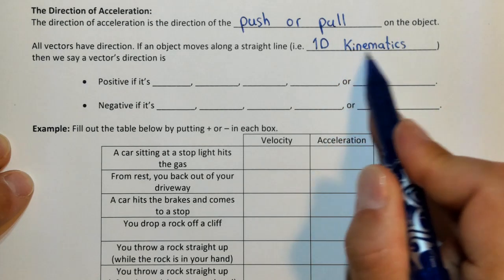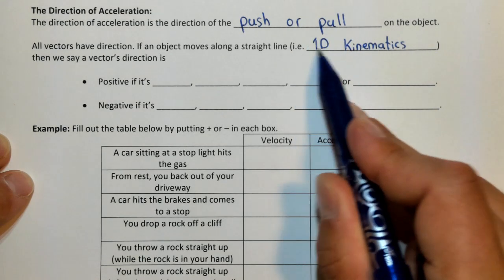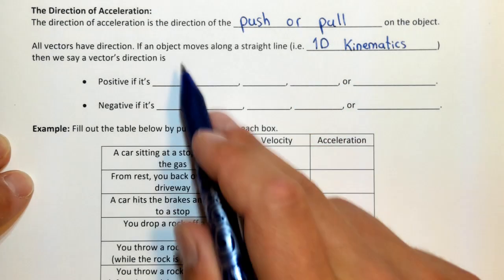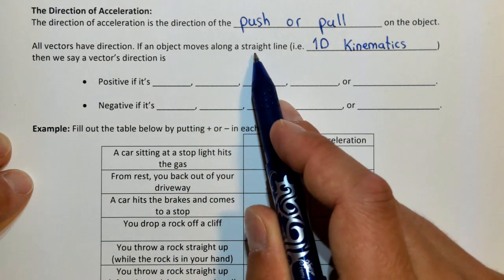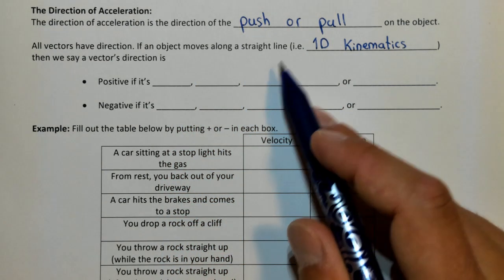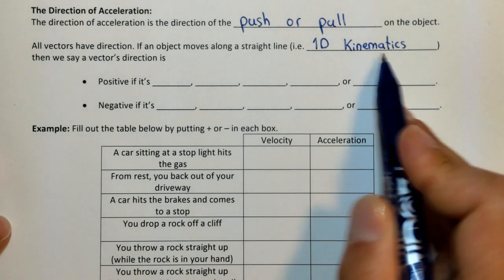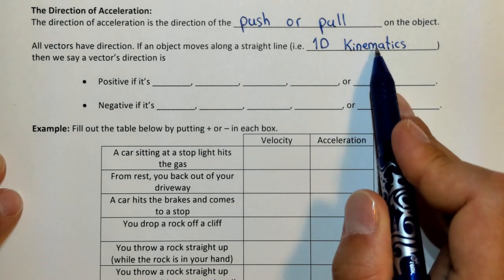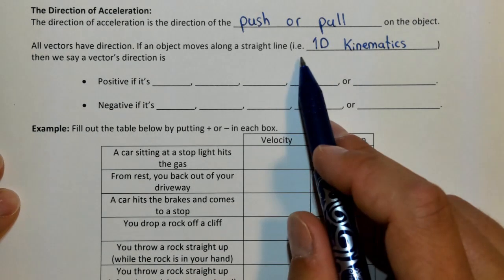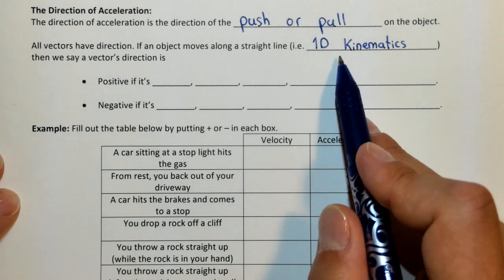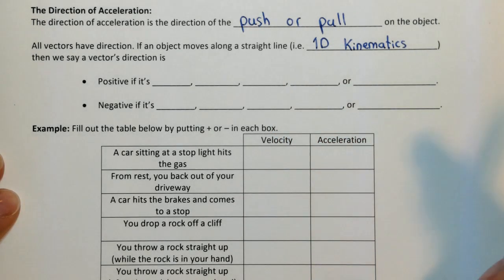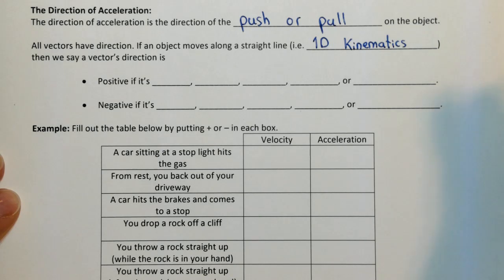Kinematics means studying motion. 1D means along a straight line. So moving along a straight line is exactly an idea that falls under the topic of 1D kinematics, straight line motion. So as long as we're looking at things moving along a straight line, there's basically 2 directions. When you're stuck on a line, there's 2 directions you can go.